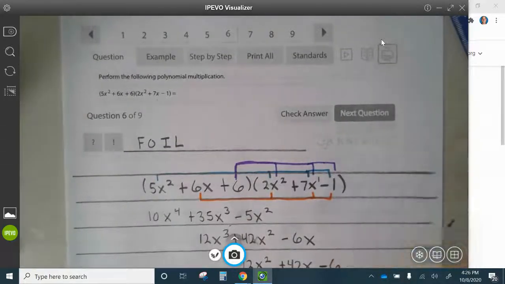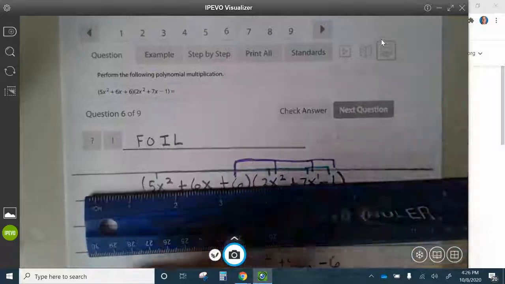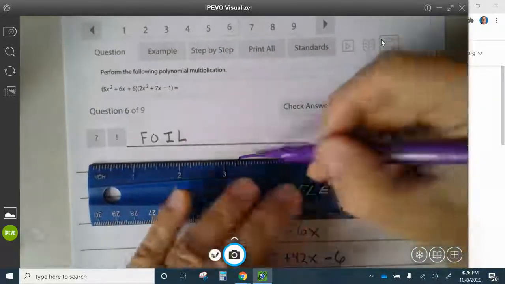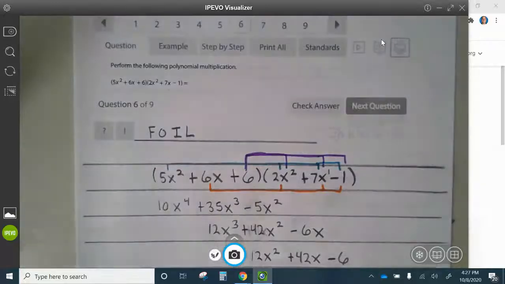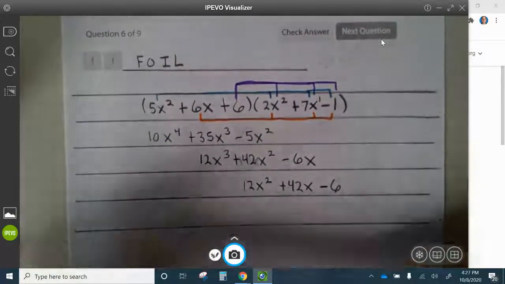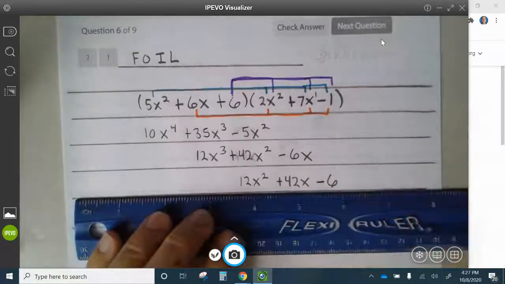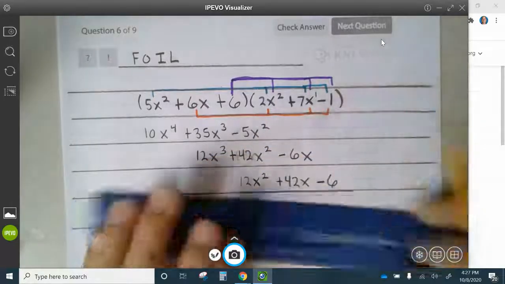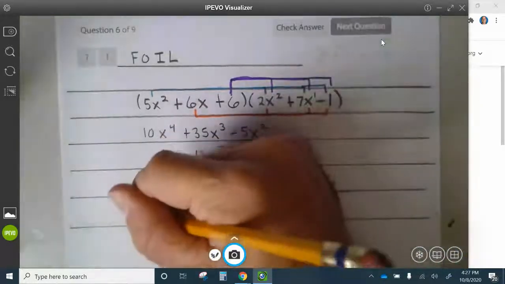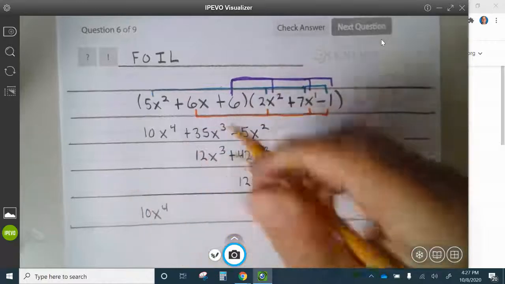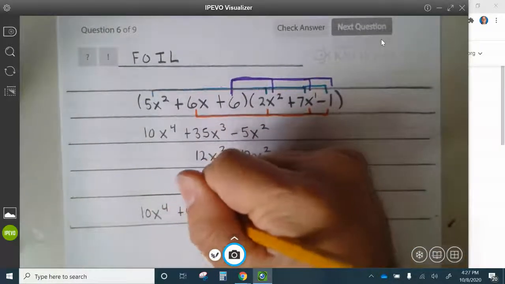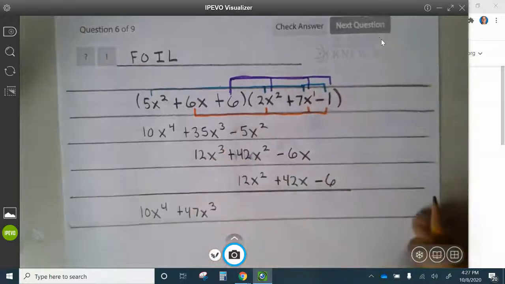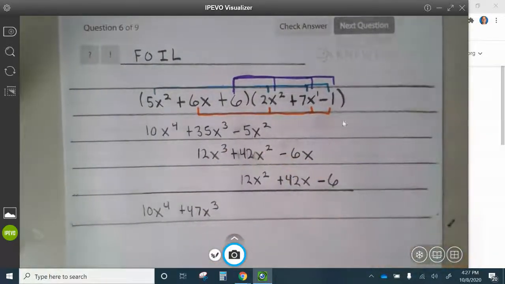Okay. All right, now let's combine terms. Okay, so then that's 10x to the 4th. 35 and 12 is 47x cubed. And this one I might just use a calculator just to make sure I get it right. So negative 5 plus 42 plus 12 is 49.